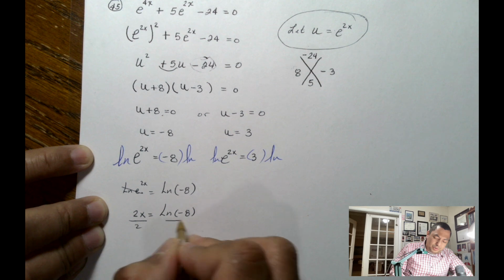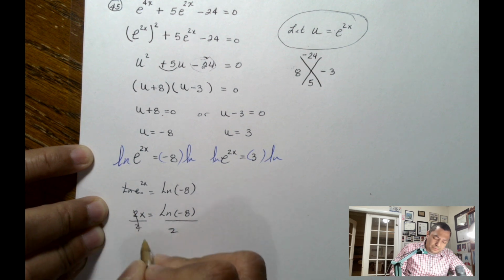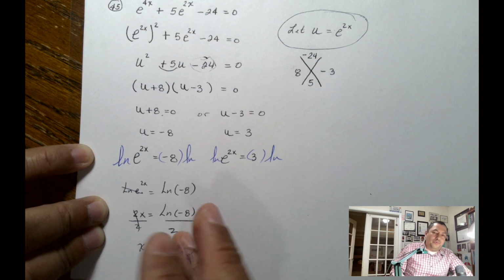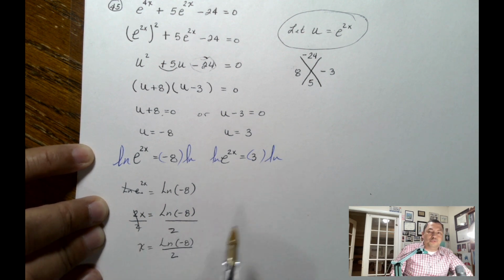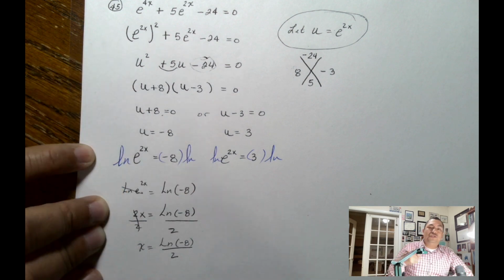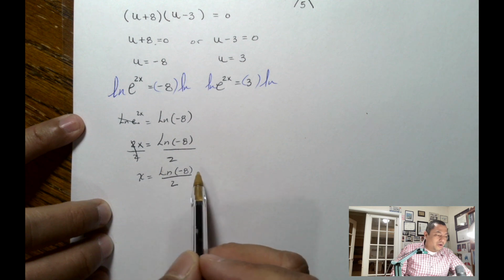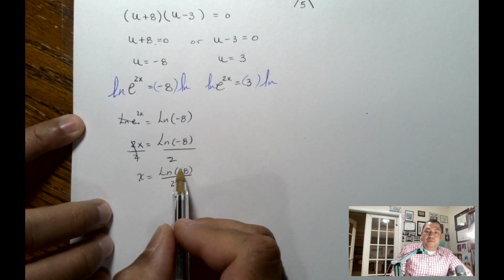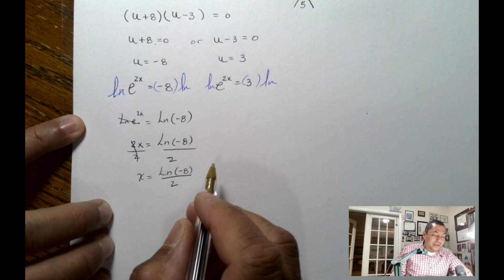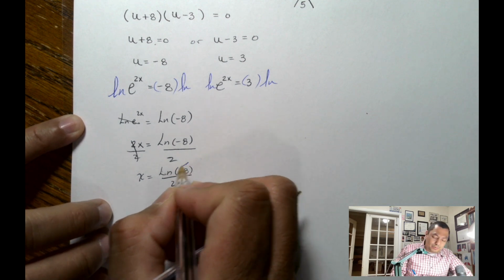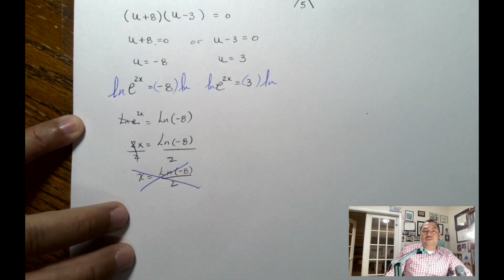Then we divide by 2, so x equals ln negative 8 over 2. Now we have a problem with this solution. They are going to ask us to check our solution, but in this case I have log of a negative number, which is not defined. Logs are not defined for negative numbers. So this one is not going to be our solution.